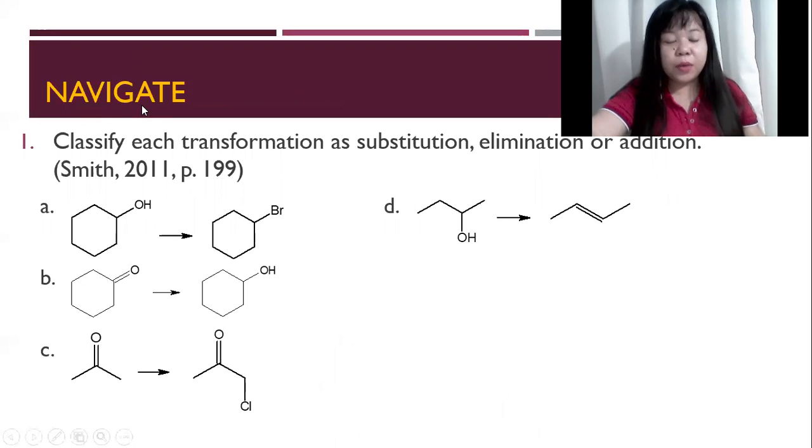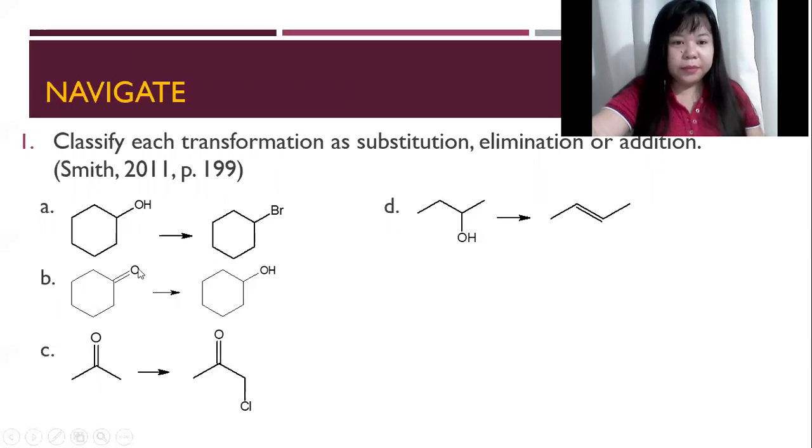Proceeding to the navigate part of the module, classify each transformation as substitution, elimination, or addition. So for letter A, take a look at what happened. The OH part has been replaced by bromide. Next, for letter B, what happened here was there was a double bond.